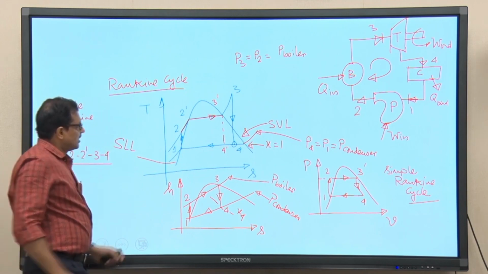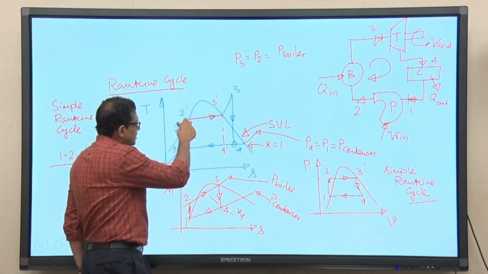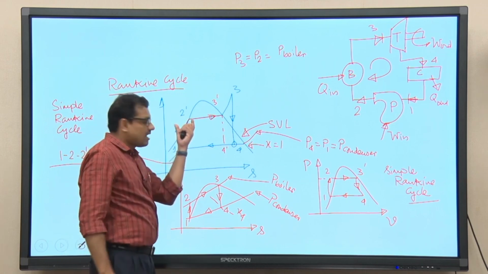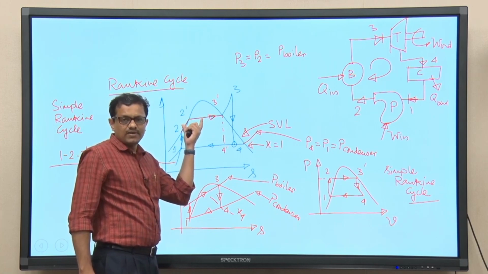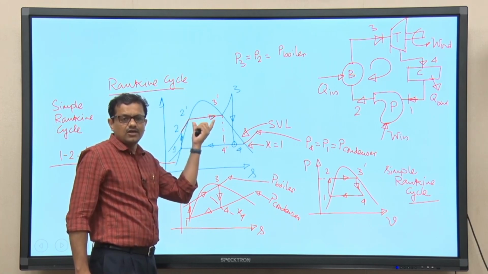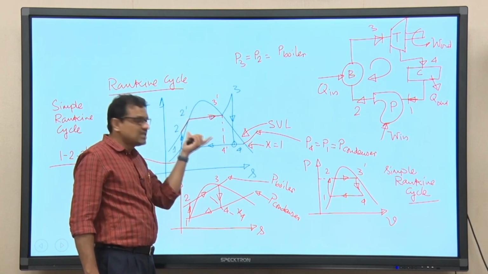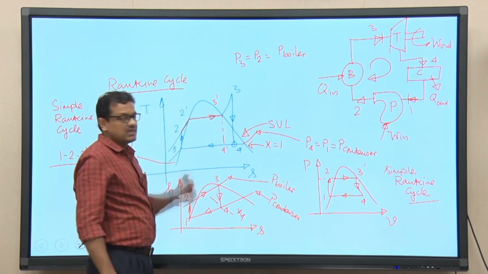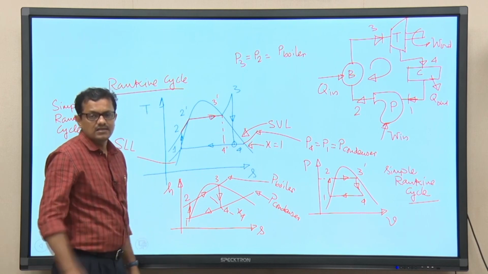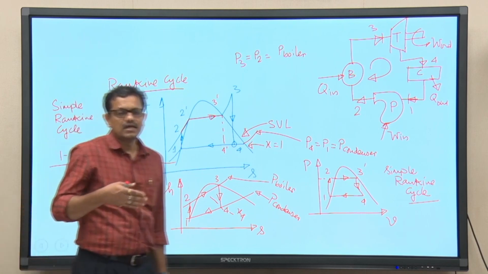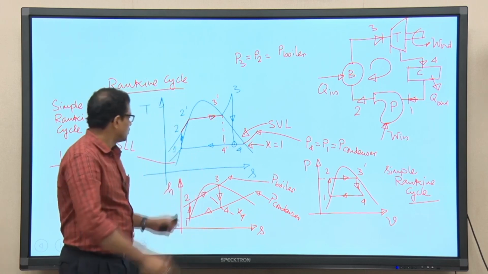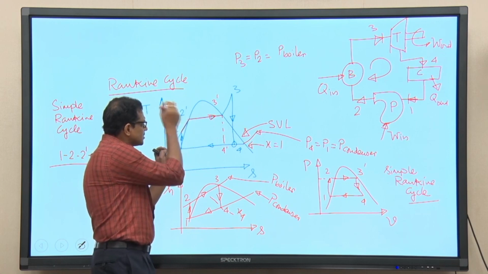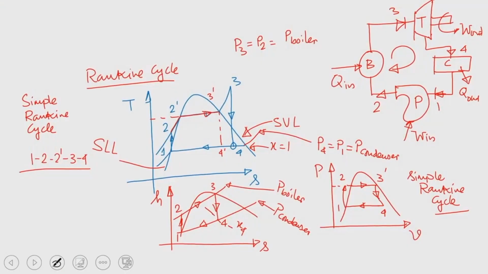It is because of this particular section that the average temperature of heat addition reduces. So, the average temperature at which heat is added to the boiler following this Rankine cycle is less than the temperature at which heat is added in the Carnot cycle.